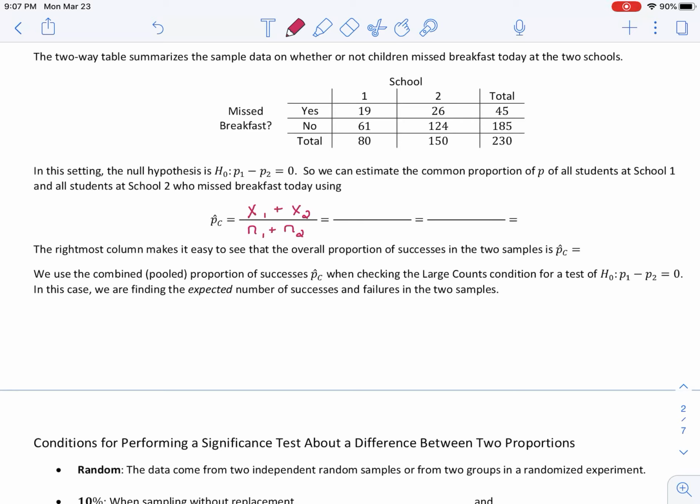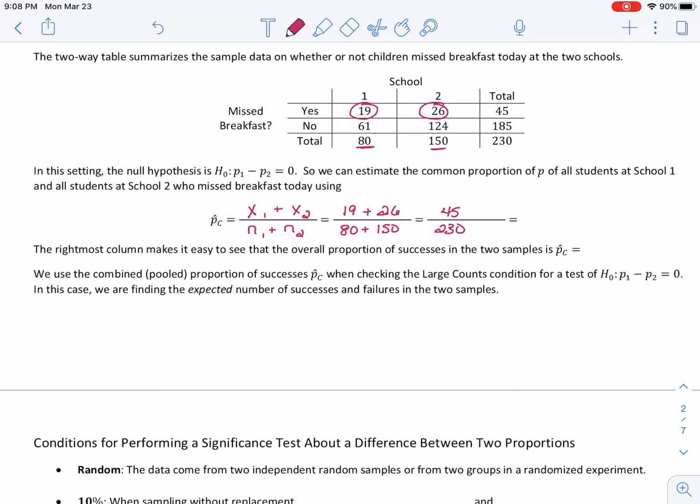If I look at school 1, 19 of them said I didn't eat breakfast, but school 2 had 26. That's out of 80 kids at school 1 that they sampled and 150 at school 2. So I'm just going to group these two together and have 45 out of 230.